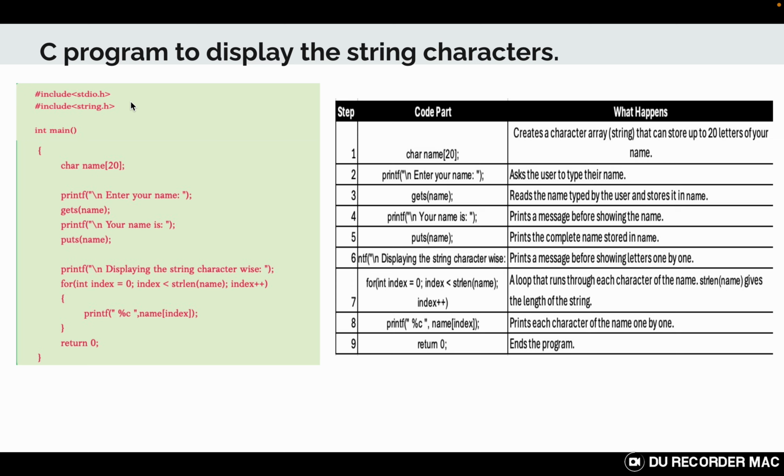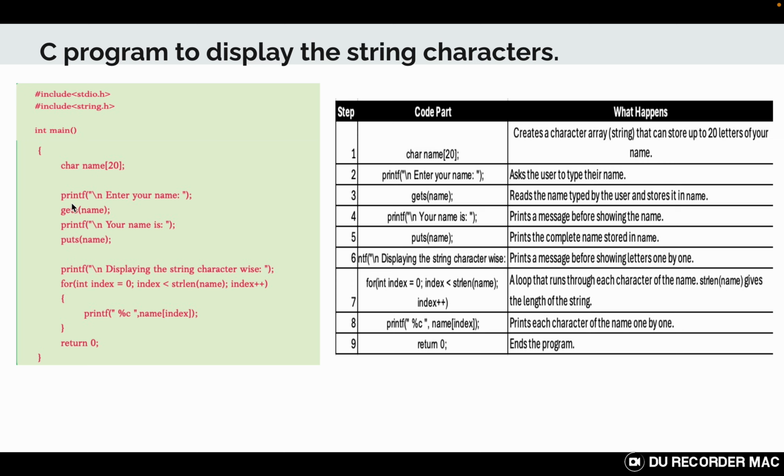So we have included stdio.h, then we included another declaration here, include string.h. String.h is included because right now we will be asking the user to enter a string instead of an integer. So we declared an array of character type which holds around 20 elements.